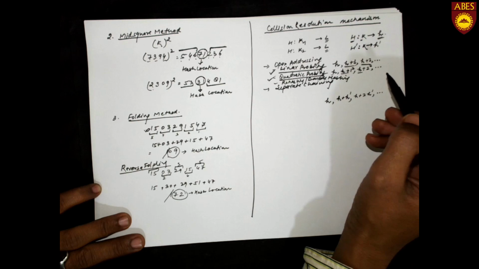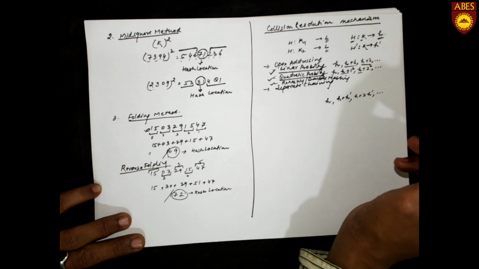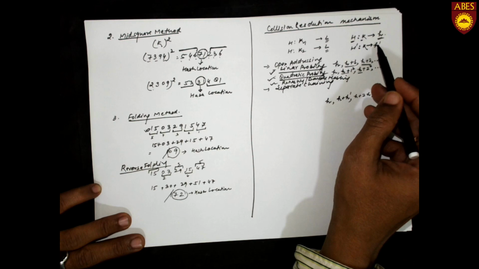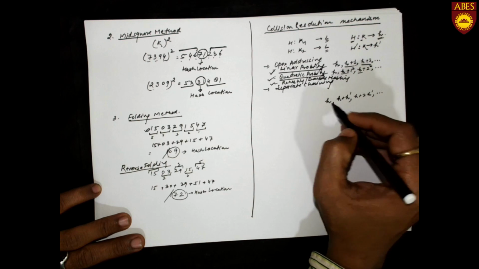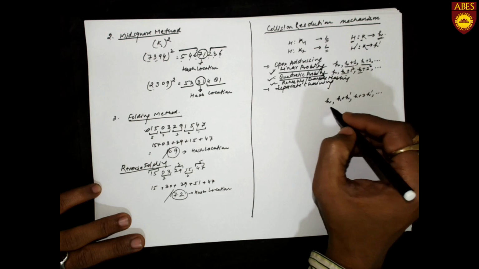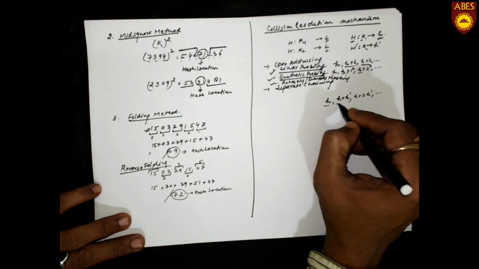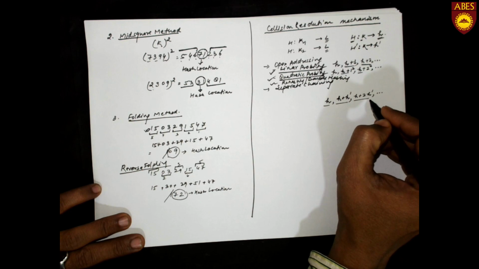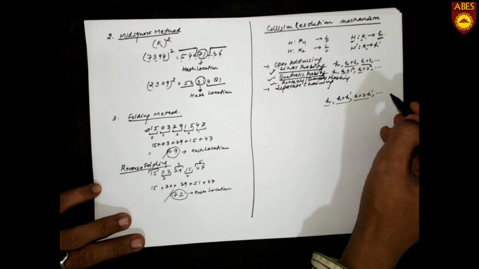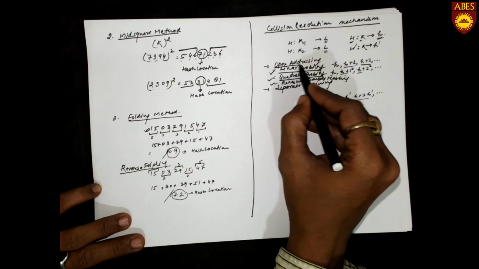And the rehashing method suggests that compute another hash function, let's say H dash, and find the location H. Since H was busy, go for H plus H dash, see if that is free. If that is not free, go for H plus 2 H dash. If that is free, store the element there. So these are the three methods in the open addressing scheme.